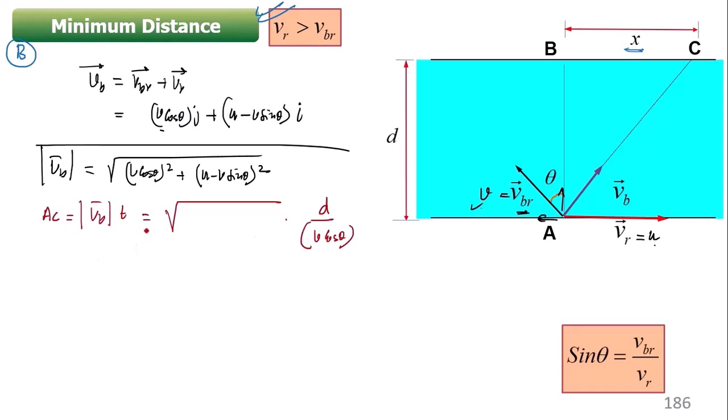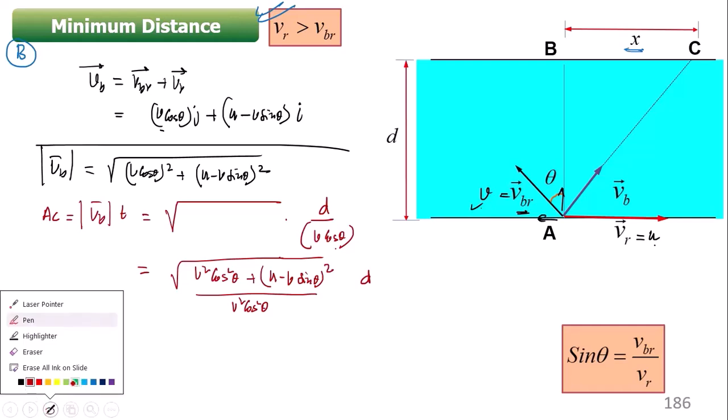Now let us simplify it further. It is the square root of V square cos square theta plus (U minus V sin theta) whole square, into D, and I am putting this V cos theta inside the root, so it is divided by V square cos square theta. That is AC.